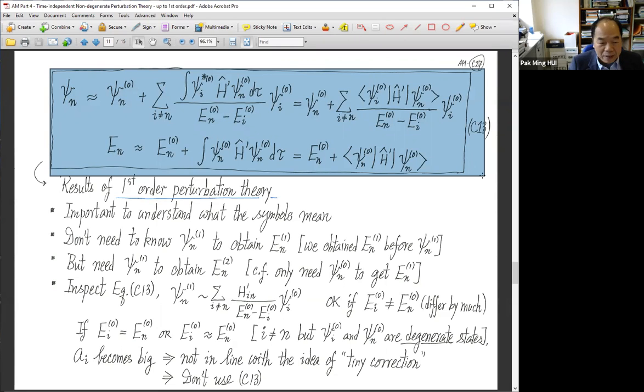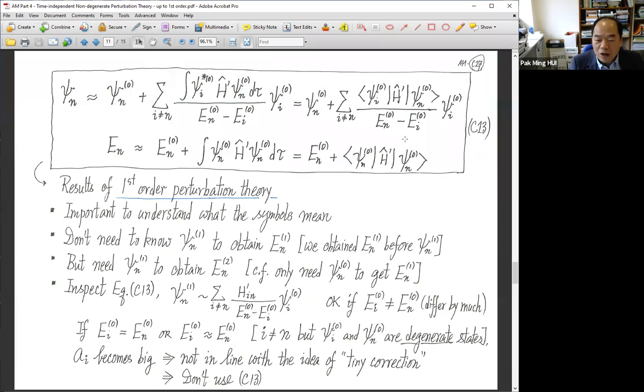All right. Now, I would like to make some very meaningful and physical discussion. As I said, a good theory will tell you when it will work or when it will not work for you. Now here in particular, look at the first correction in the state.